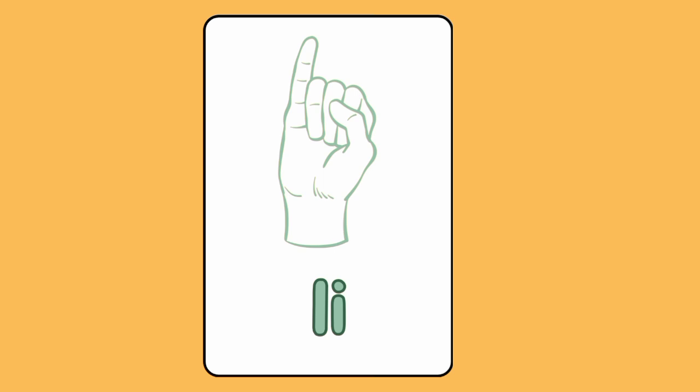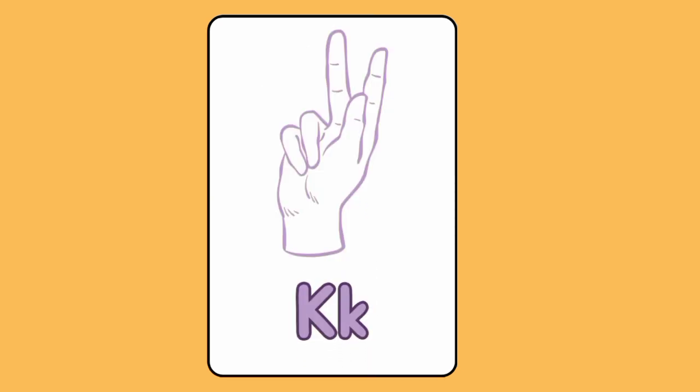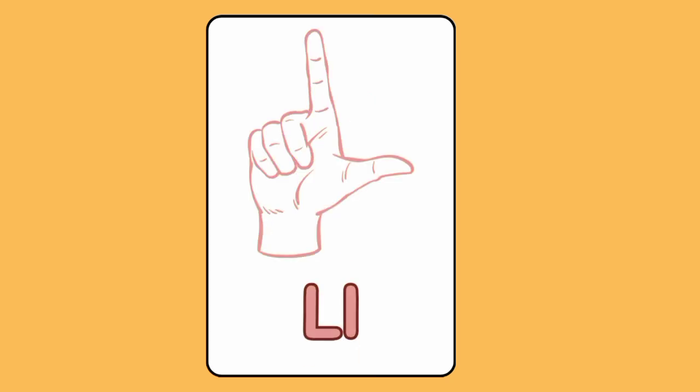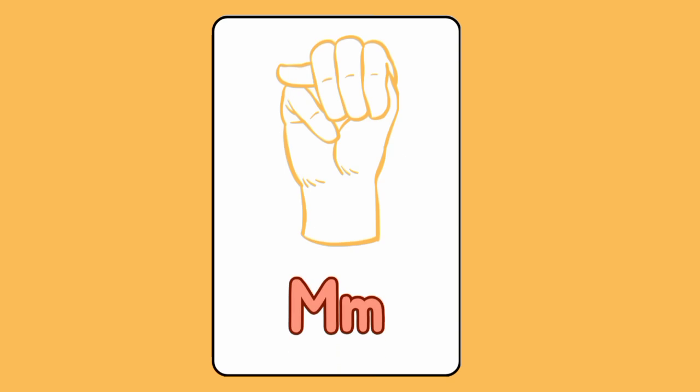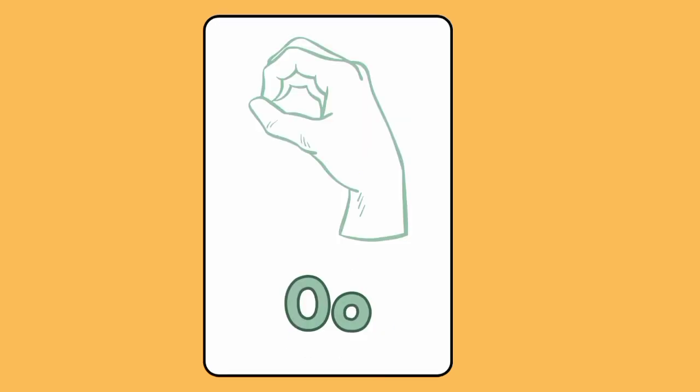I. Through the letters again, from A to Z, we're at the end. J. Each one is special, each one is fun. Learning letters with everyone. K. L. M. N. O.